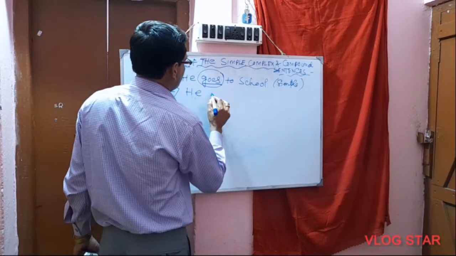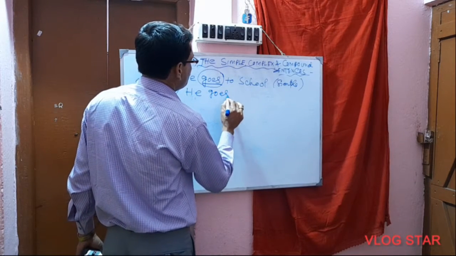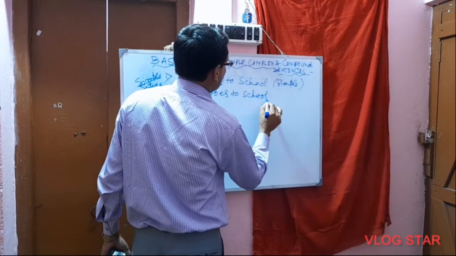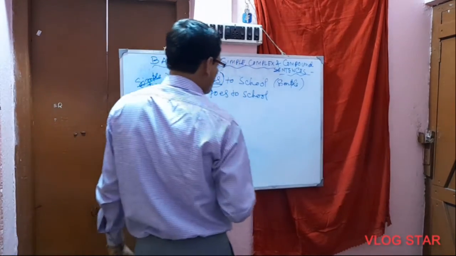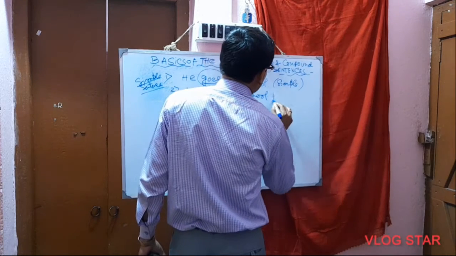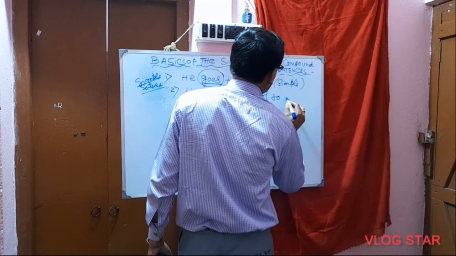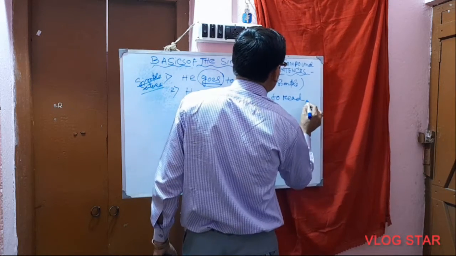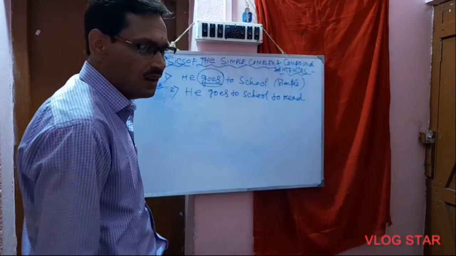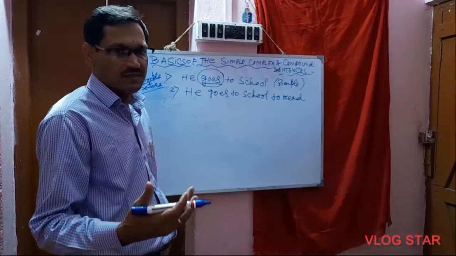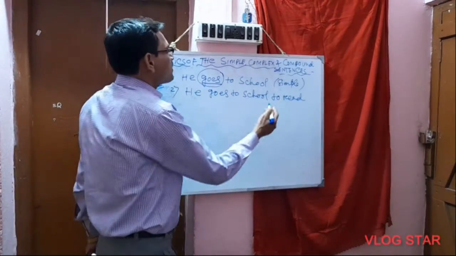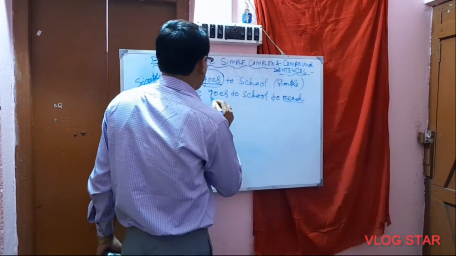If I write, he goes to school to read. Now notice, the question may arise among the students: sir, here are two verbs. Read is also a verb, goes is also a verb.